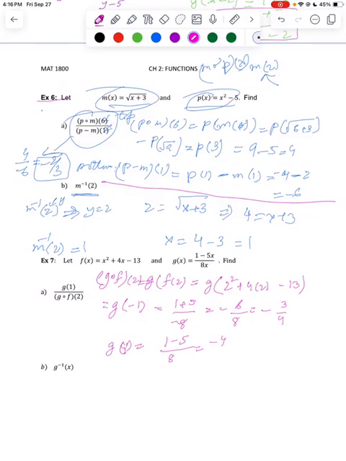So now this quantity will be negative 1 half divided by negative 3/4. So simplify, what will we get? 2/3. So that will be the final answer.